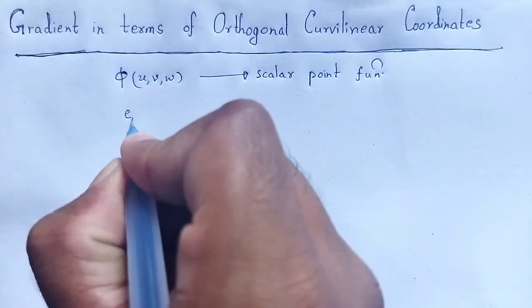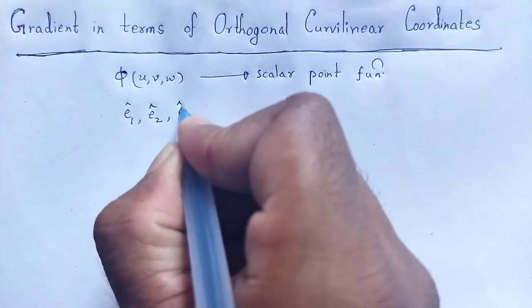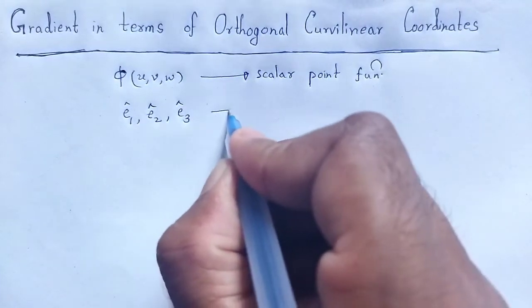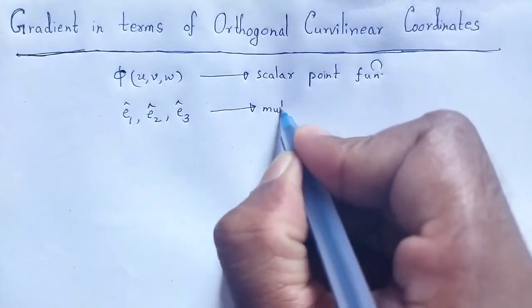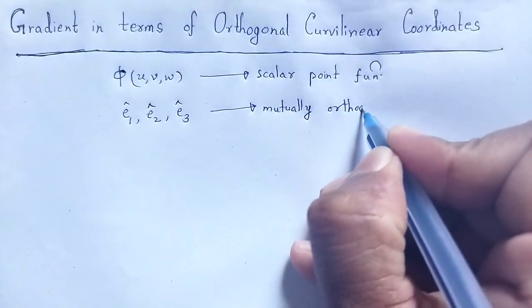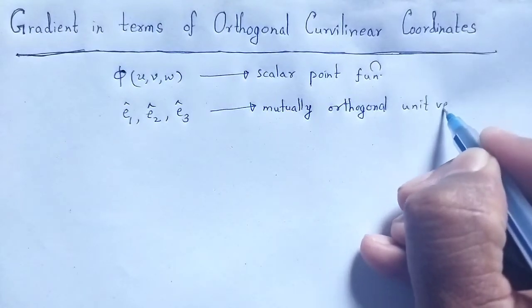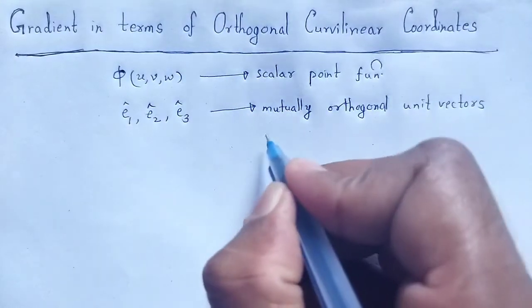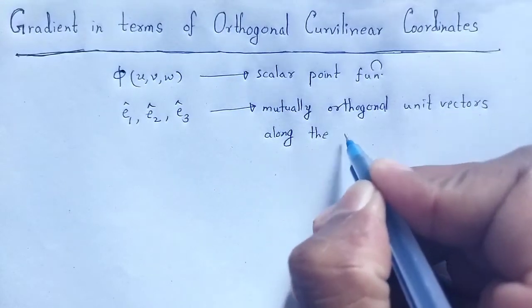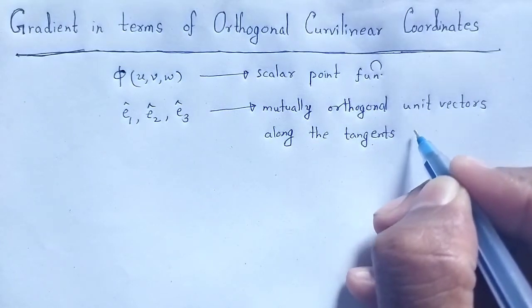And e1 cap, e2 cap and e3 cap are mutually orthogonal unit vectors along the tangents to the coordinate curves.